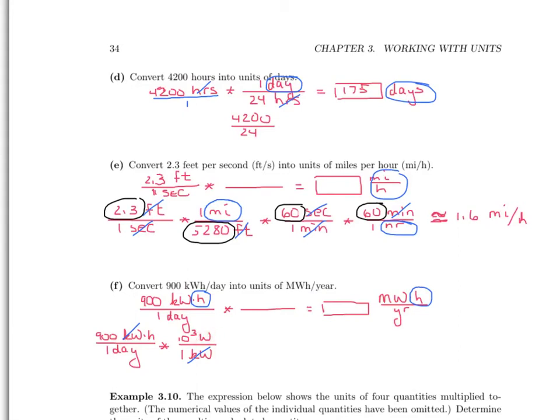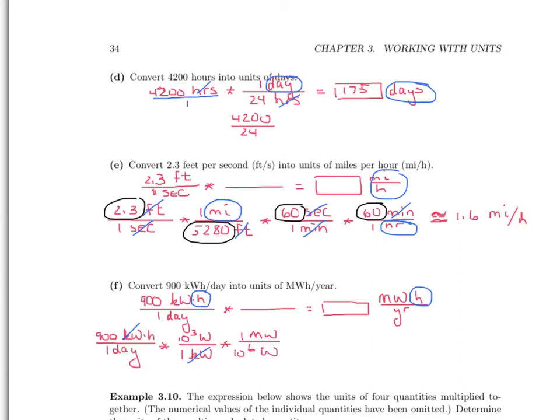Now, of course, we don't want watts in our final answer. We want megawatts. So we're going to need to convert from watts to megawatts. And remember that 1 megawatt is the same as 1,000,000 watts, or 10 to the 6 watts. So our next conversion factor that we're going to multiply by is going to have 1 megawatt in the numerator over 10 to the 6 watts in the denominator.